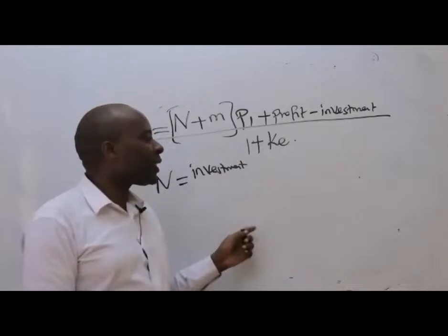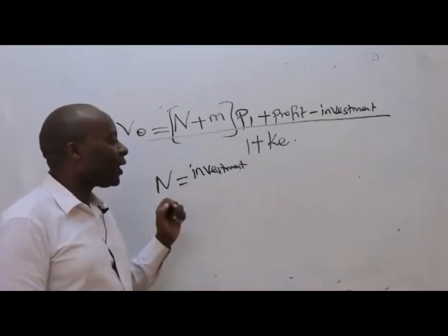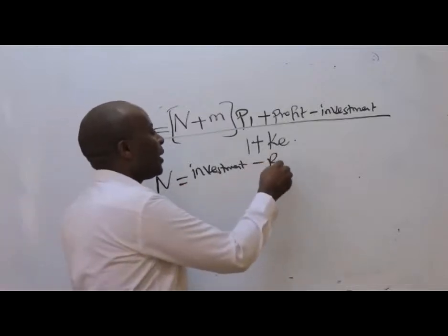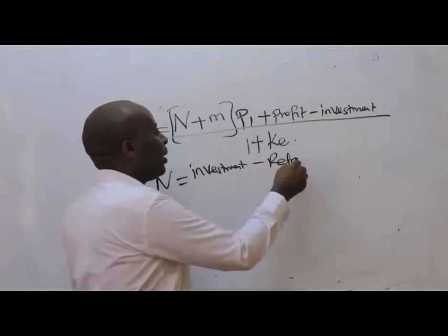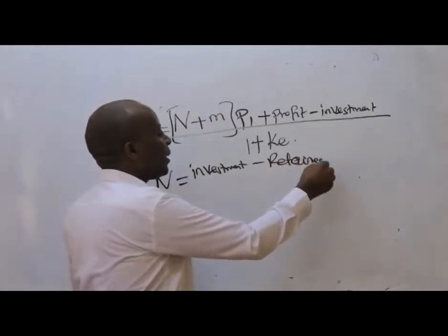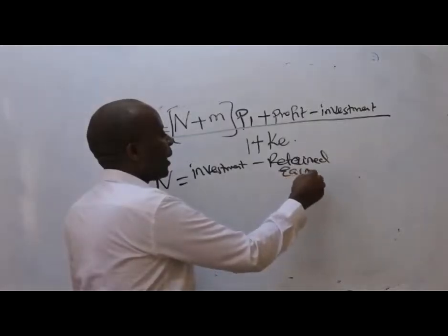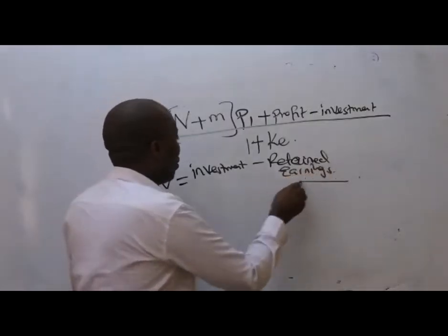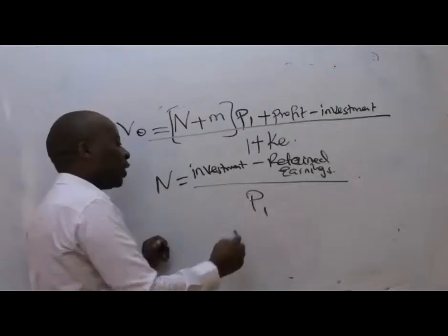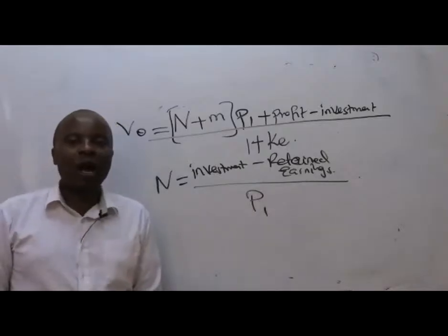So for new shares, I'll take the investment minus the retained earnings, all over the price per share, which is P1.